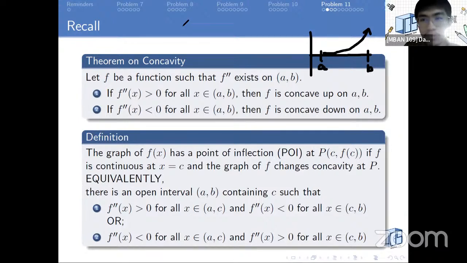Pero kung yung f double prime of x mo ay less than 0 for all x in open interval AB, then nakaganyan siya, concave down. Kumbaga may ganyan kang shape, tas nagfe-face down naman siya. Ayun. Ganun lang yung sinasabi ng theorem on concavity.